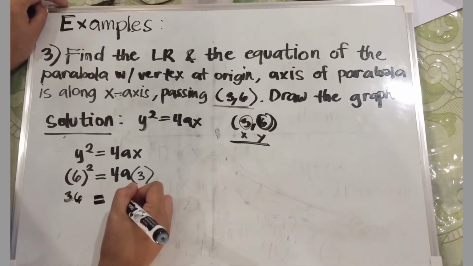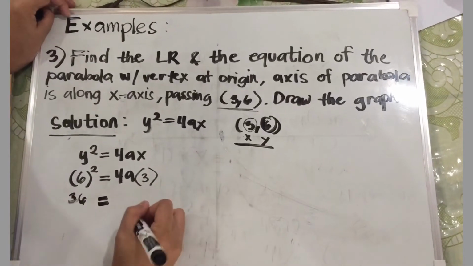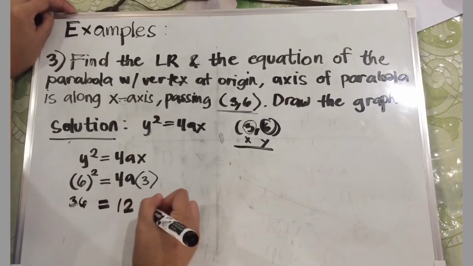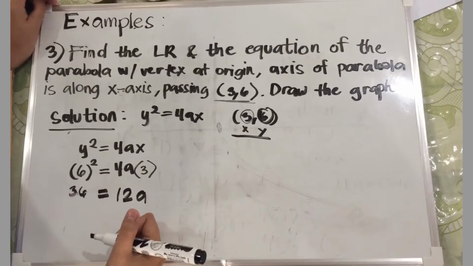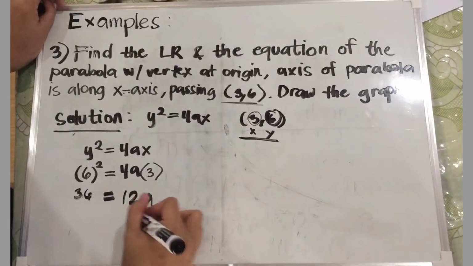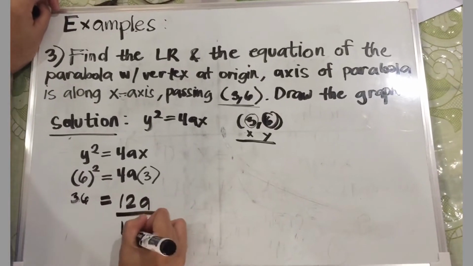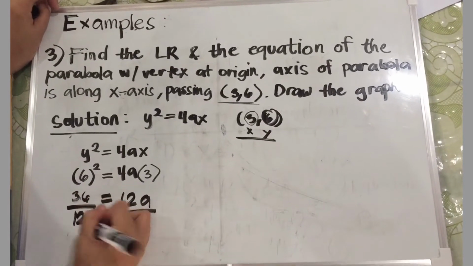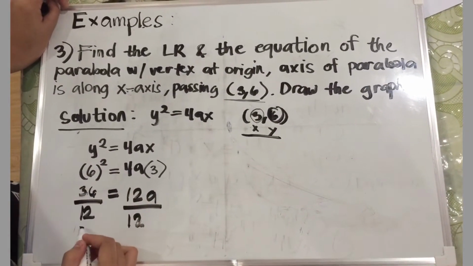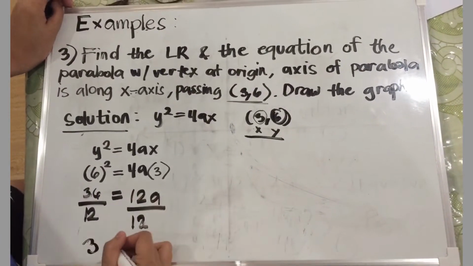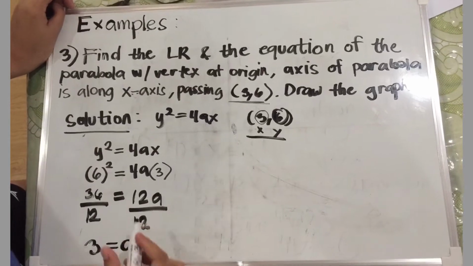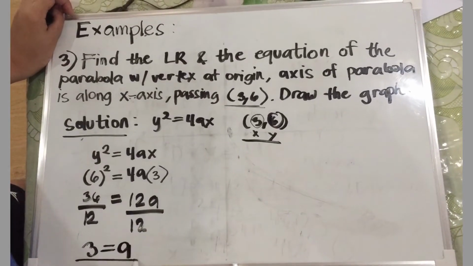And 4a times 3 equals 12a. So to simplify it, we have to divide by 12. So 36 divided by 12 is equal to 3. So the a here is 3.